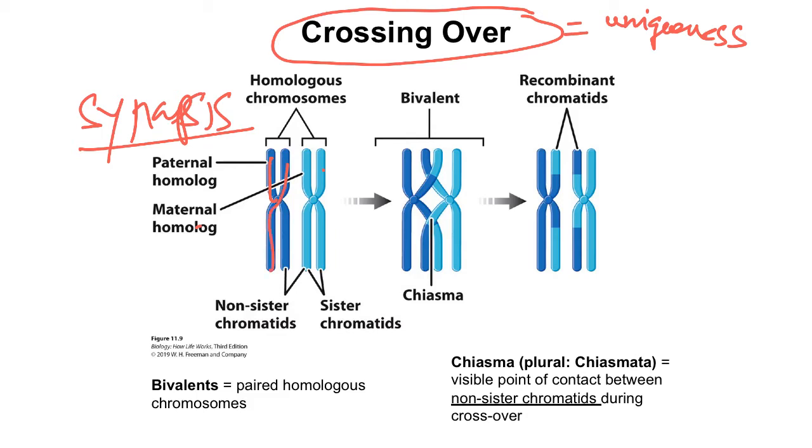Each arm corresponds to a double helix. The fact that they are double-stranded, if you recall, is because they have duplicated themselves, or replicated themselves, in S phase. So you have one single centromere holding two strands, or chromatids, that are identical to each other.